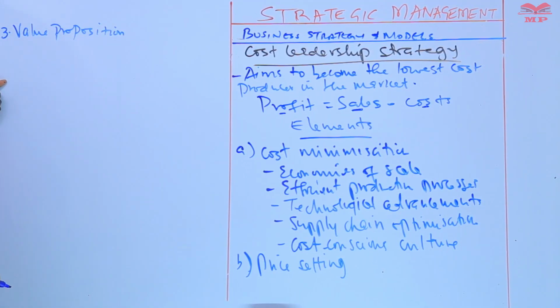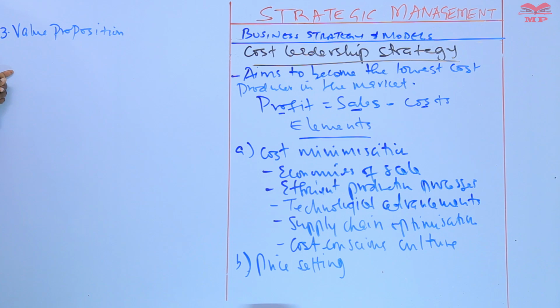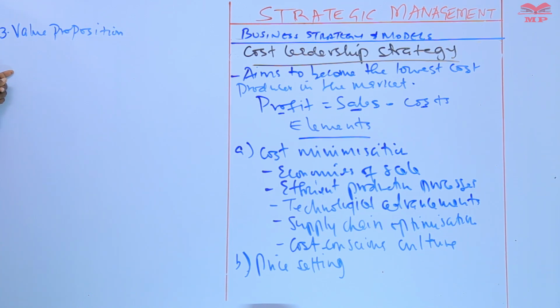Value proposition. Now, while cost is a primary focus, cost leaders still need to offer products or services that meet customers' basic needs, quality expectations, and so on. So cost leaders often focus on delivering good enough quality at the lowest possible prices.